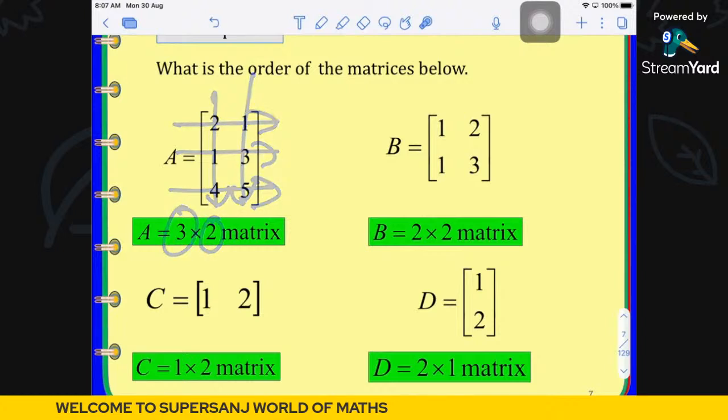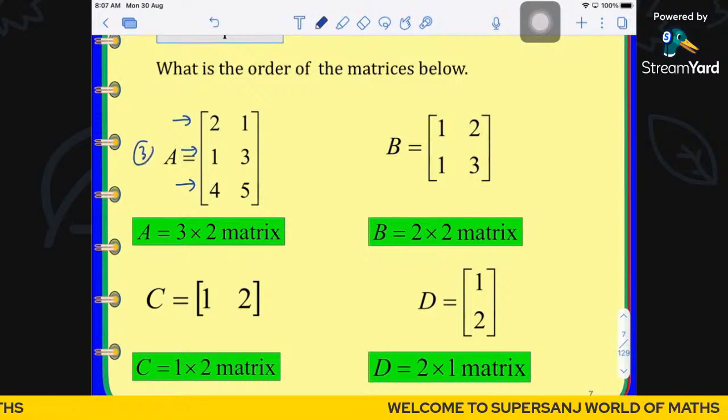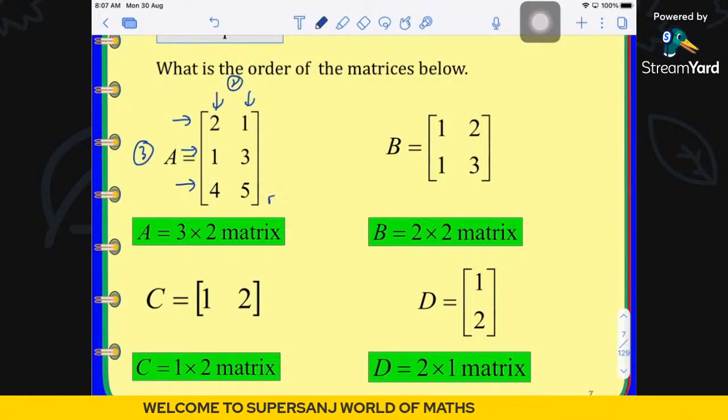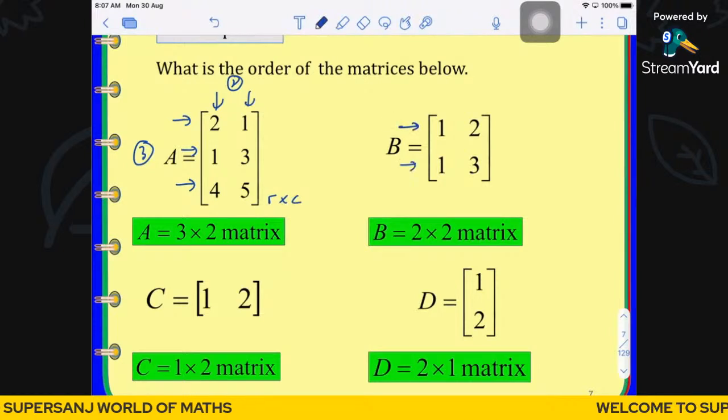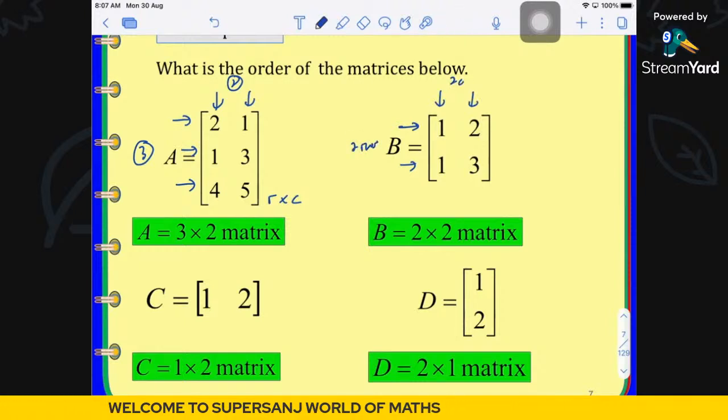Row your boat to get the success. Here also 1, 2 rows, and then 1, 2 columns over here. So you can see very clearly that this is going to be 2 by 2 because 2 rows and 2 columns over there. Can you all understand until there so far, class? Any problem?